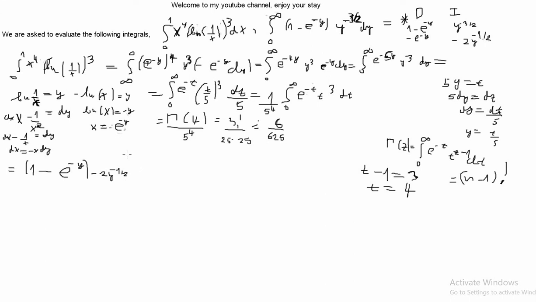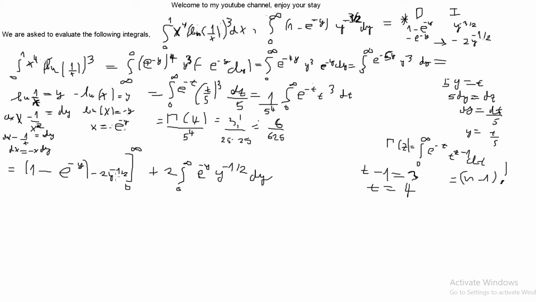We get this evaluated from 0 to infinity, and now we connect those two, plus 2 times the integral from 0 to infinity of e to the negative y times y to the power of negative 1 over 2 dy.